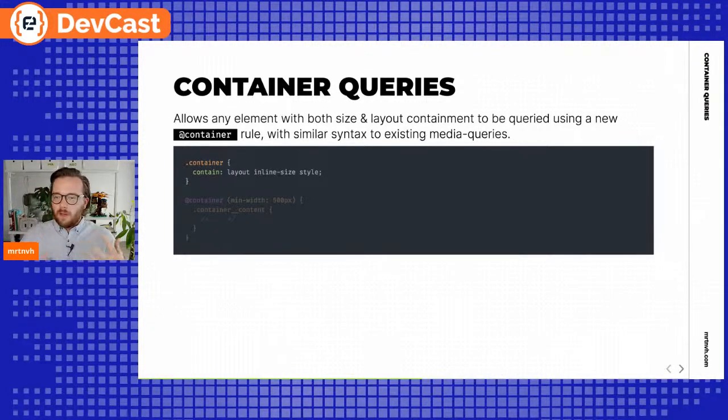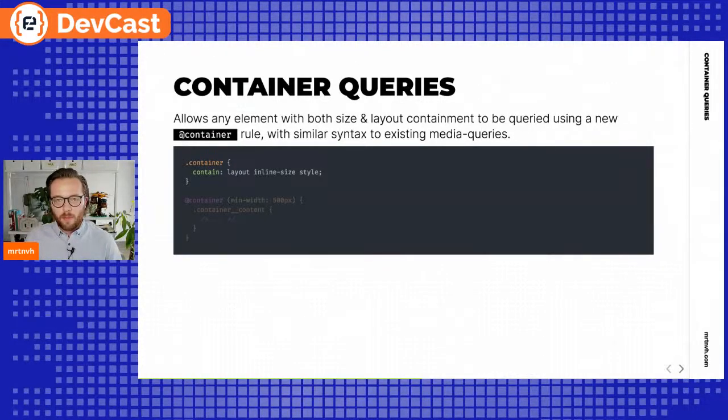Basically, in a nutshell, what it does is say to the browser, hey, look at my dimensions. Don't let any other elements on the page look at my dimensions, only my descendants. And don't let my descendants look at other elements with the containment query.